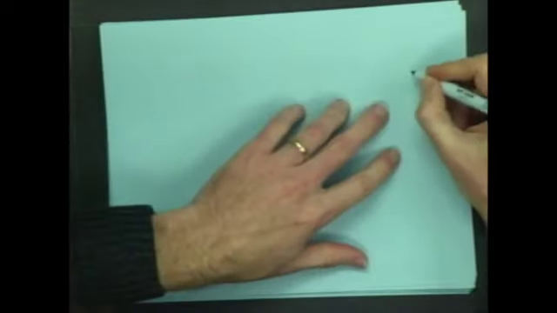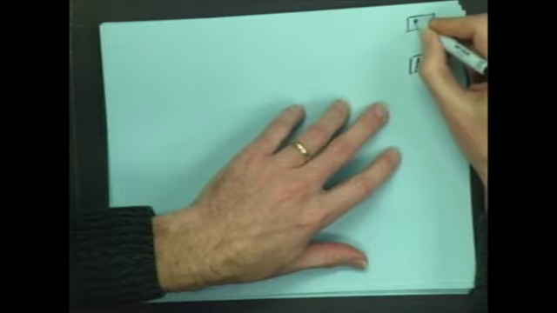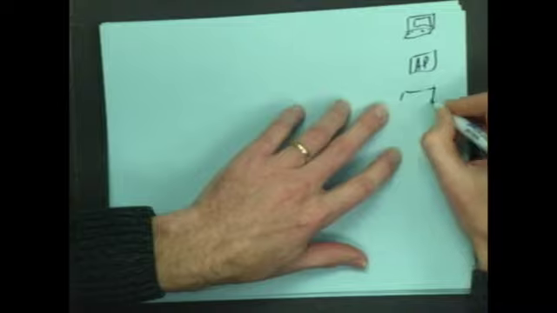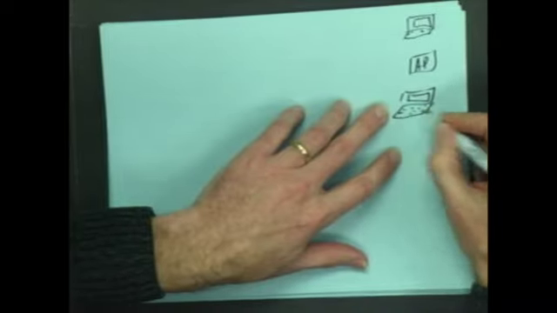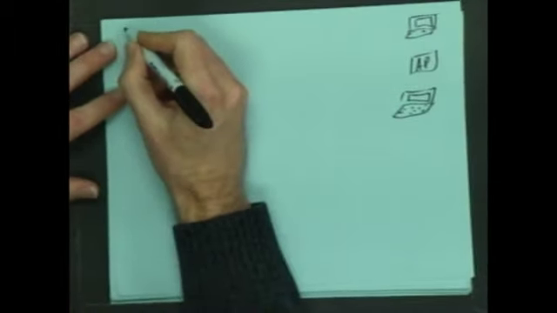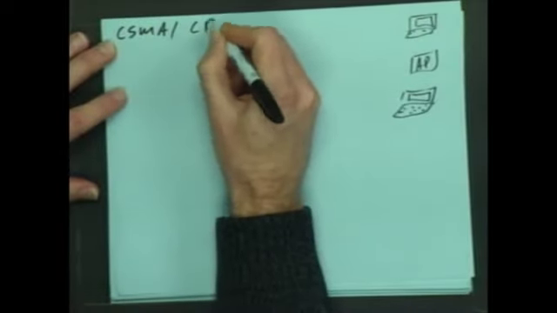All right, so here's our technique. I'll draw a diagram over here again. So I got my access point. I'll draw my one person over here. And I'll draw my other person over here. Okay. So what do I want to do? What I'm using is what's called CSMA/CD.